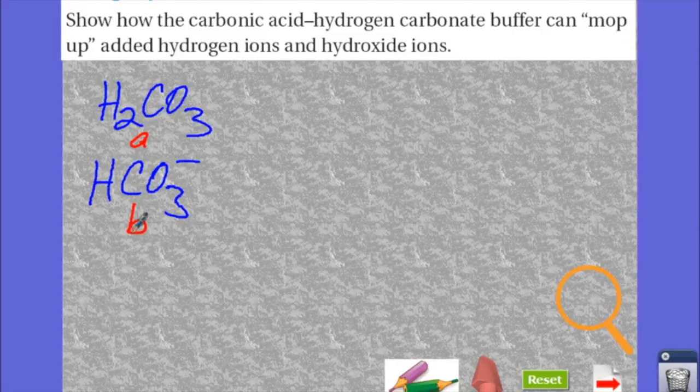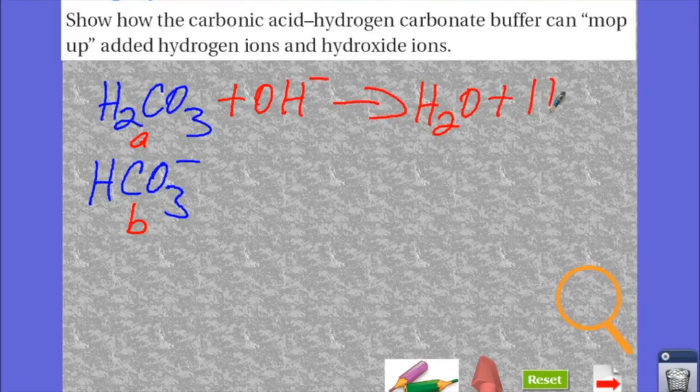So if you eat something that is basic, the OH minus will react with the carbonic acid to produce water and HCO3 minus. This is the base part.